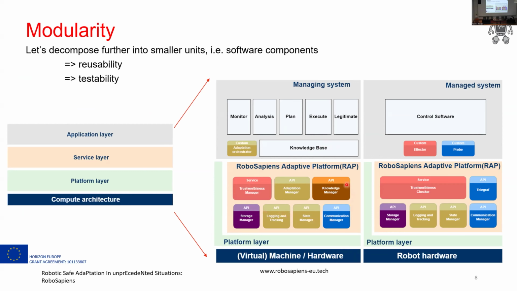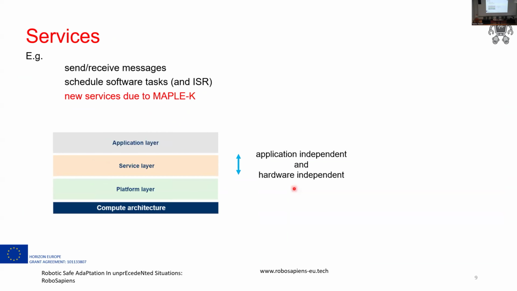These parts in the service layer I will need to explain. So again, this picture, the service layer, is meant to be not application dependent. It is meant to be not hardware dependent. It's in the middle there, bringing services such that the application can call for the same service again and again.